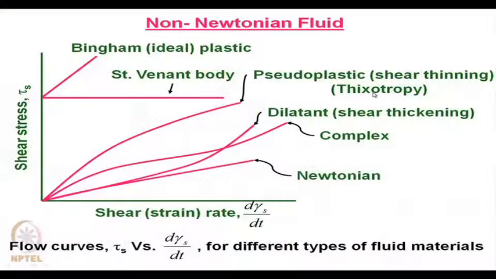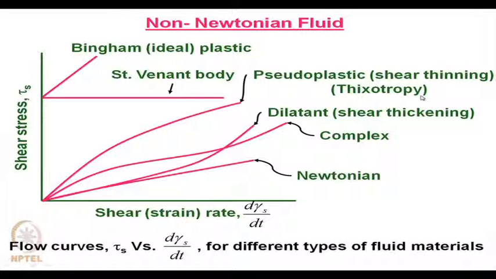The decrease of viscosity on application of stress, that means on increase of shear strain rate, gradually the requirement of stress decreases. Here you see shear stress decreases gradually with the increase of shear strain rate. So, that kind of behavior is known as thixotropy.